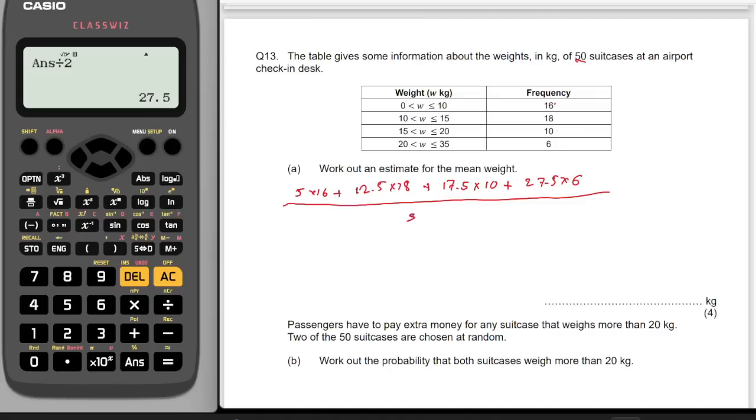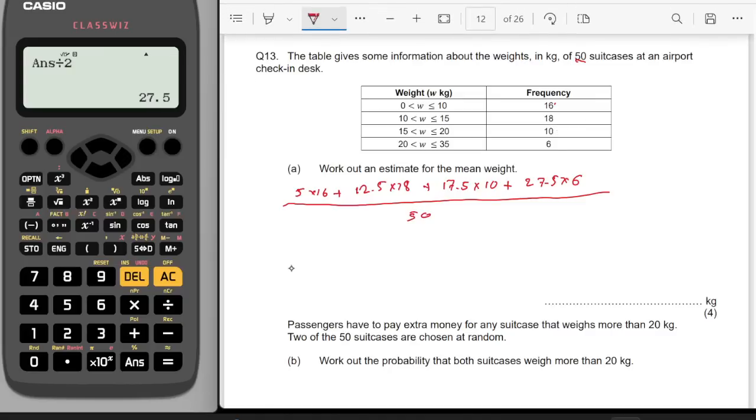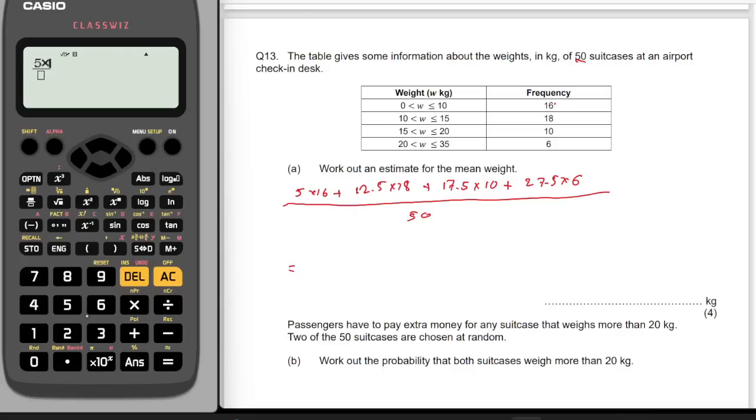Yeah, divided by 50. I tend to just type it into my calculator like that. So fraction button, 5 times 16 plus 12.5 times 18 plus 17.5 times 10 plus 27.5 times 6. And I'm dividing that by 50. So that gives me 12.9.